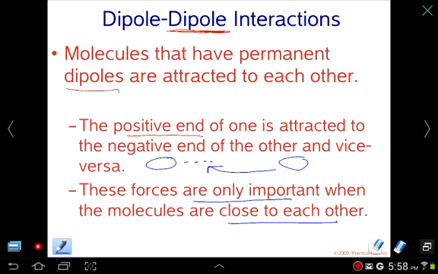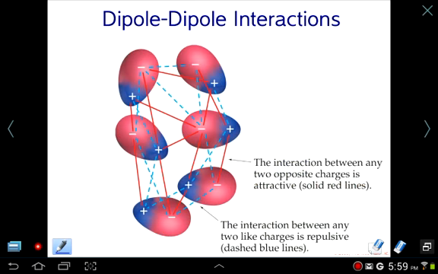Two magnets, even though they are attracting each other, unless there is a minimal distance between them, will not smack together into each other. So these dipole interactions kind of look like this. And remember, this is between molecules that are polar. So if you have a polar molecule, you have a positive end and a negative end.